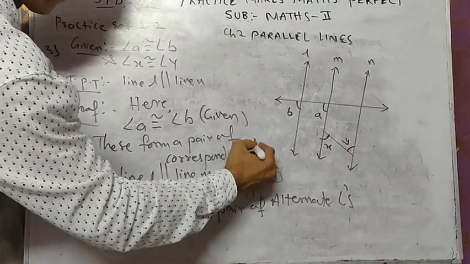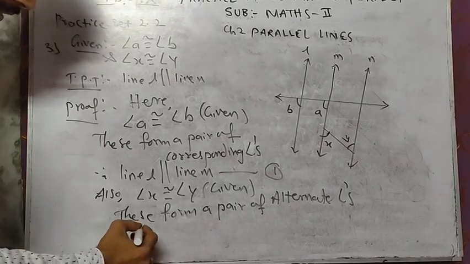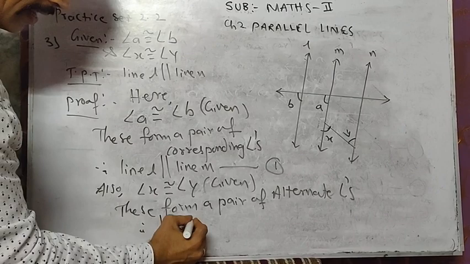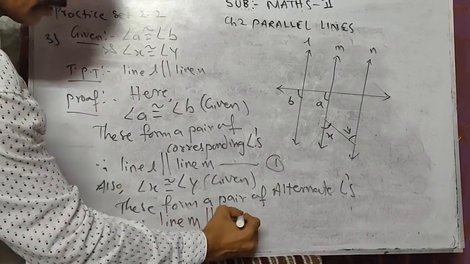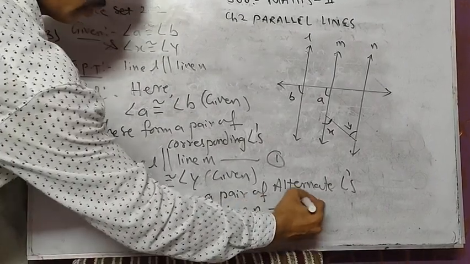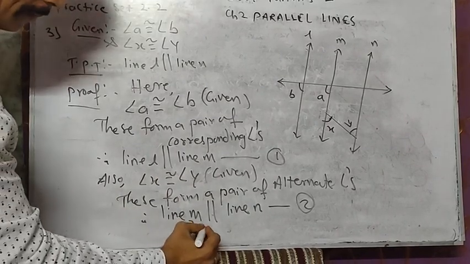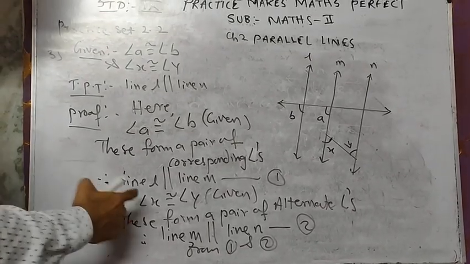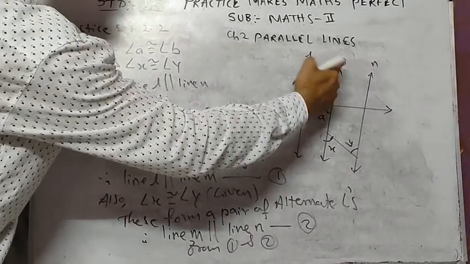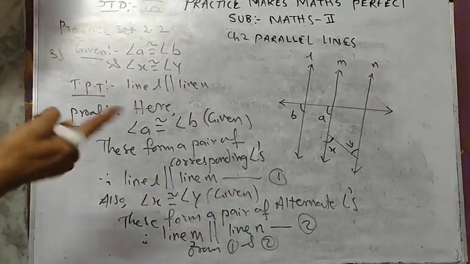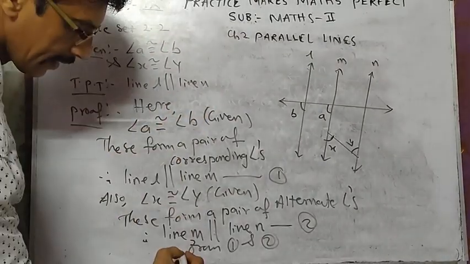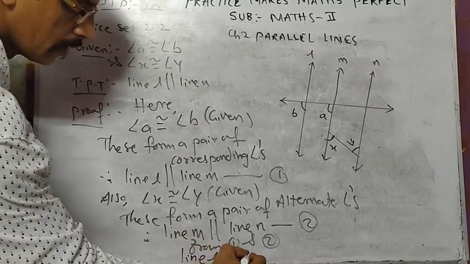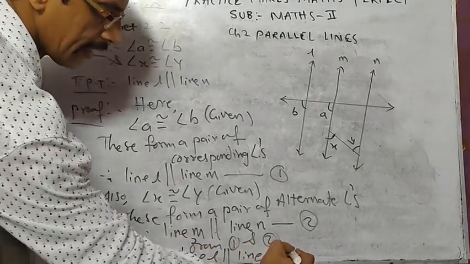Okay, and therefore line M is parallel to line N. 2. From 1 and 2, okay, you can see line L is parallel to M and line M is parallel to N. So automatically from 1 and 2 you will get line L is parallel to line N.